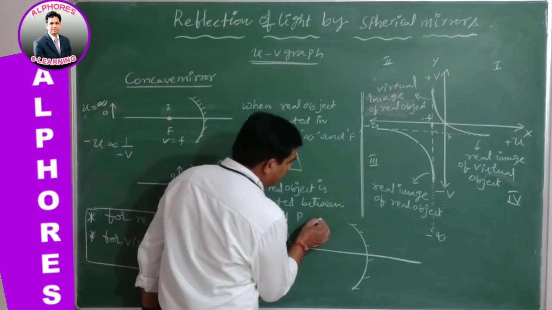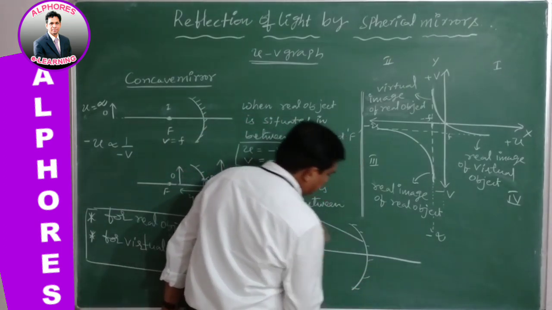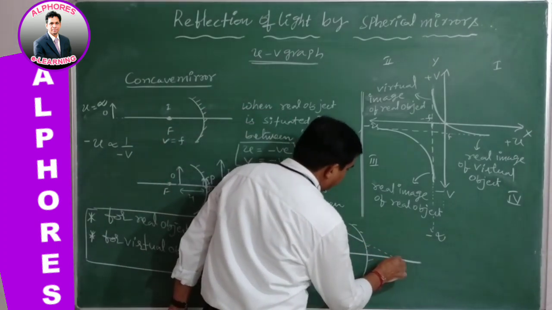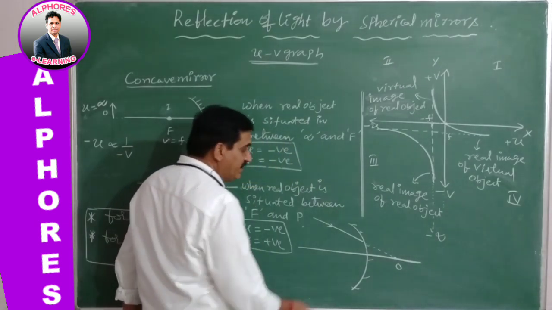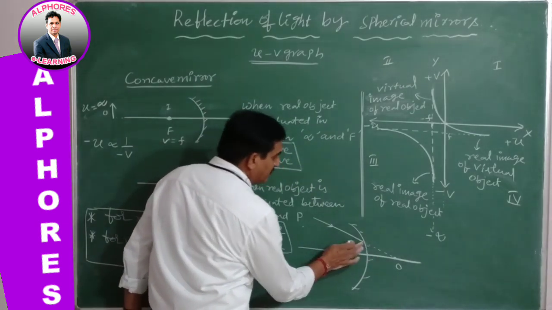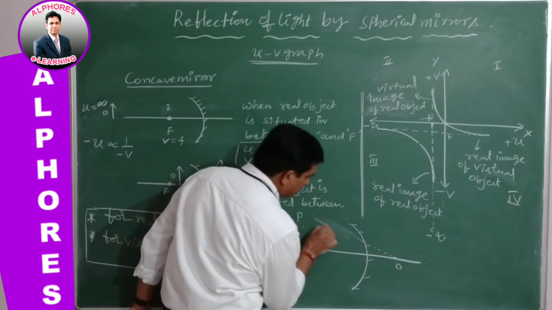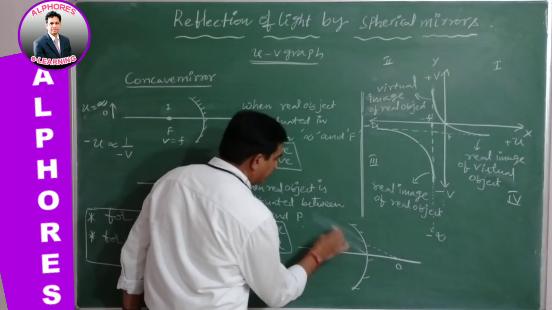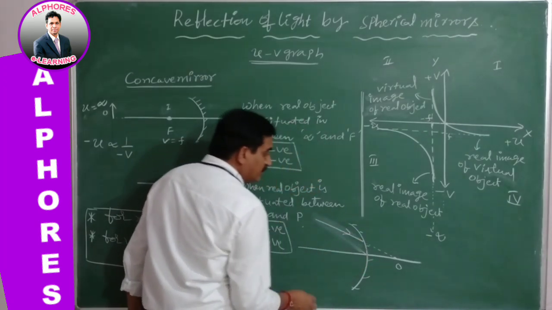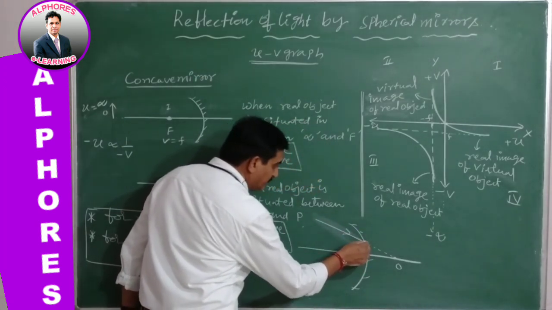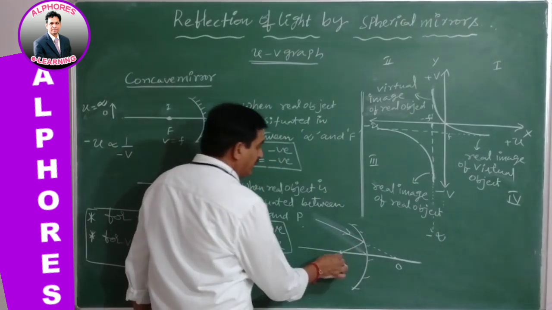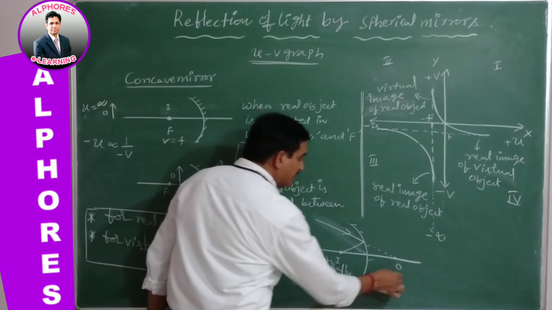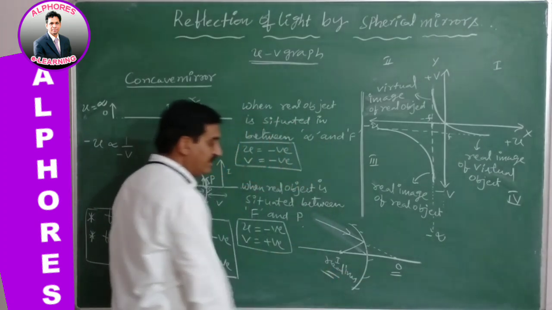Suppose light is coming from somewhere, this is the object, and after reflection it gives a real image. So the object is virtual, the image is real.